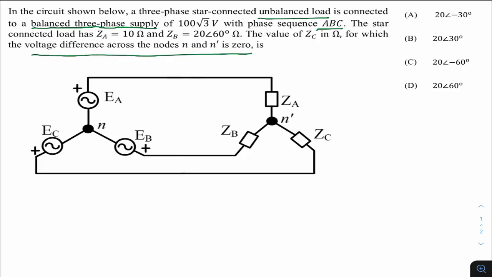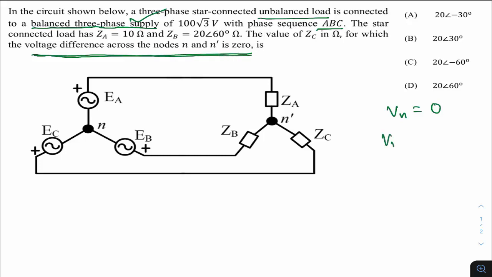These are the key points that somebody should notice to solve this problem. Since the supply is balanced, what is the meaning of this balance? Because the supply is balanced, I can say the value of Vn is basically 0. And as far as the question is concerned, the voltage difference across node N and N dash is 0.